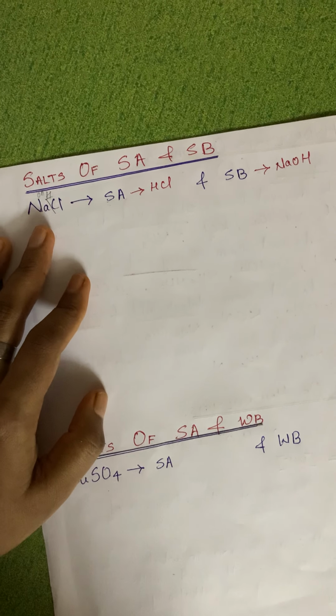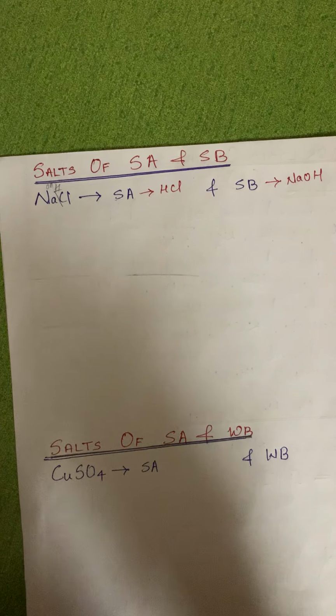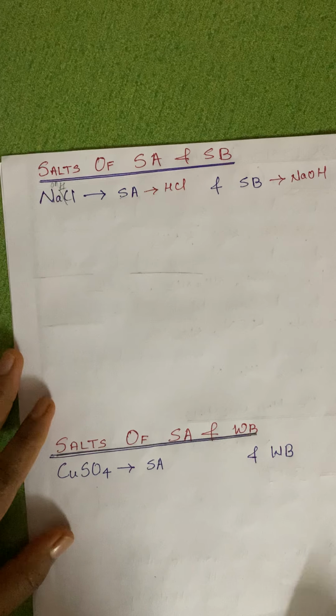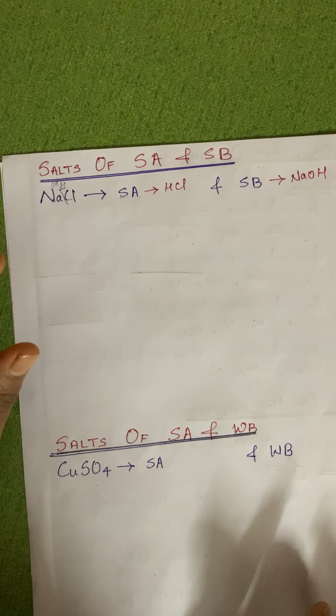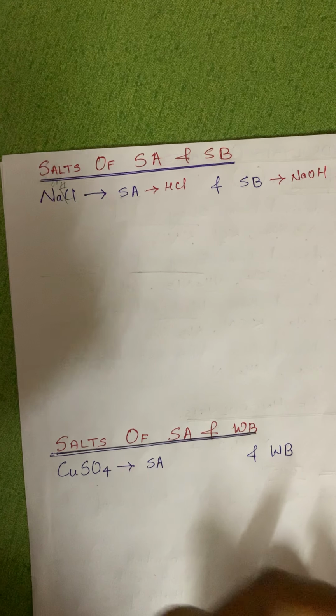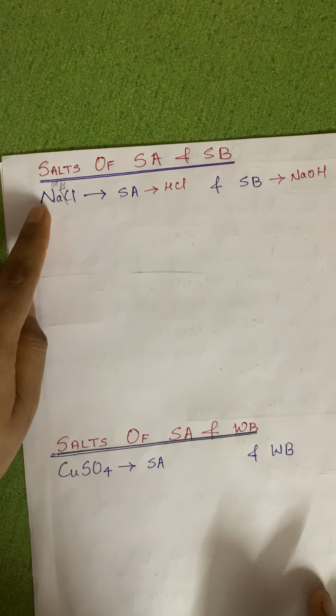We are trying to learn the hydrolysis of salt in each type, so the first step should always be to take out the strong acid and strong base, or weak acid and weak base, from a particular salt. So this is done.